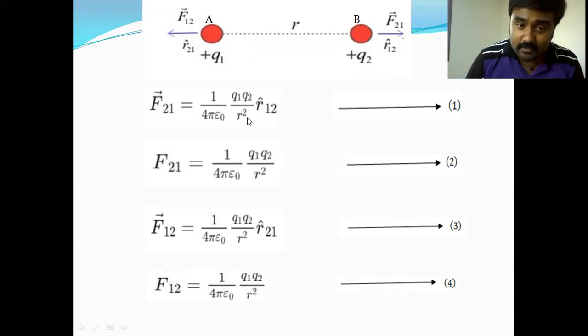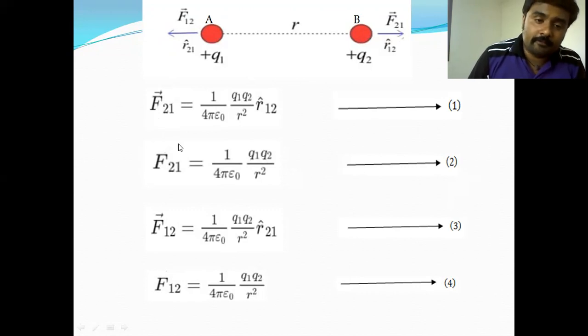According to Coulomb's inverse square law, the magnitude of force of attraction or repulsion between two point charges at rest is directly proportional to the product of the magnitudes of the two point charges and inversely proportional to the square of the distance between them. The direction of the F21 vector is R12 cap, directed from Q1 to Q2, and its magnitude is 1.